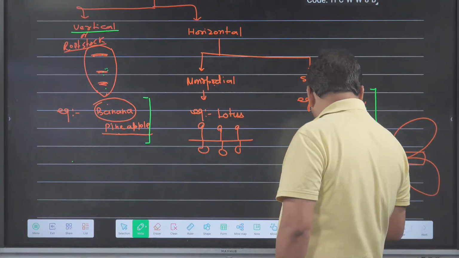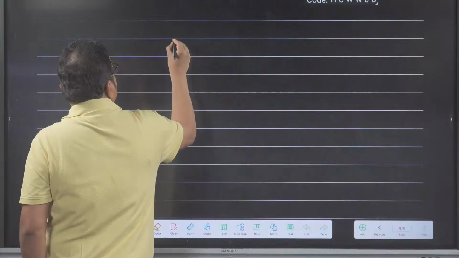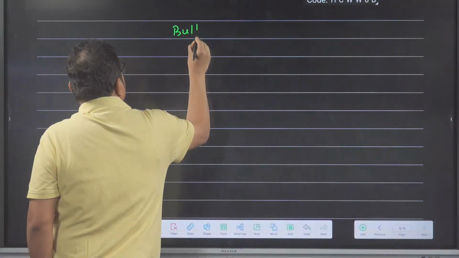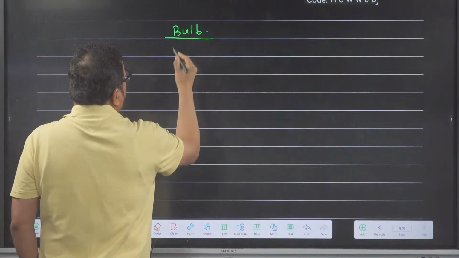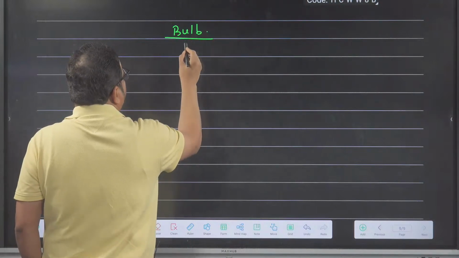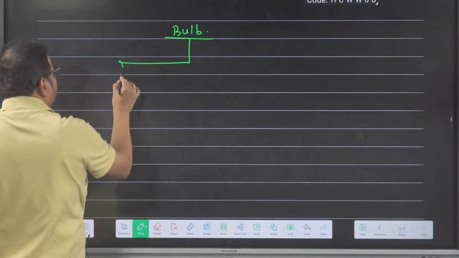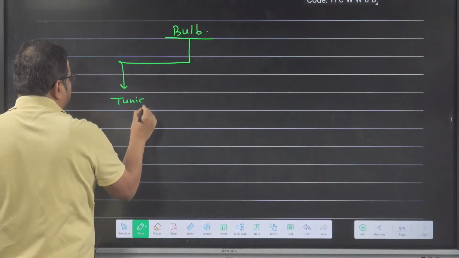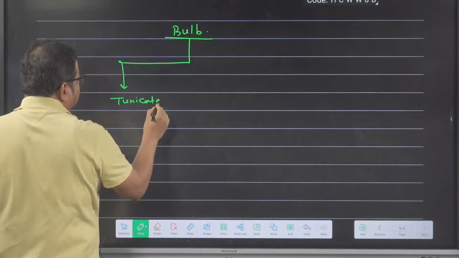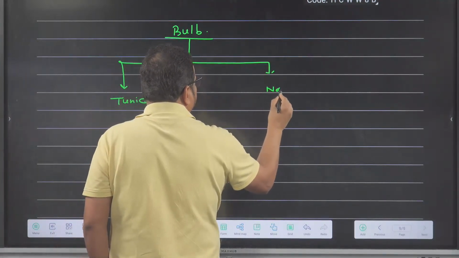So now we are going to talk about the last but not the least, that is bulb. Examples you know better: onion and garlic. Here bulb is of two types: tunicated, I'm just simply writing a basic classification, and non-tunicated.